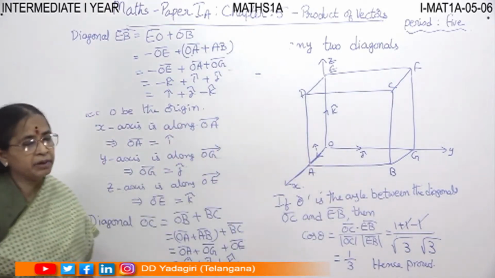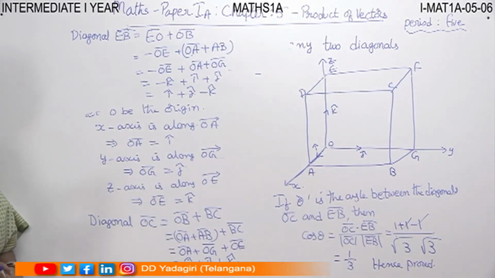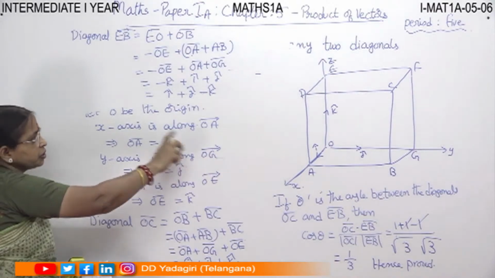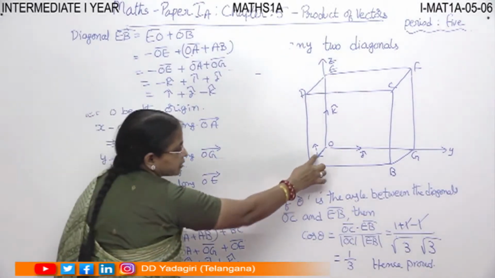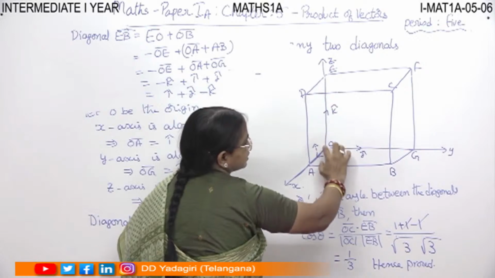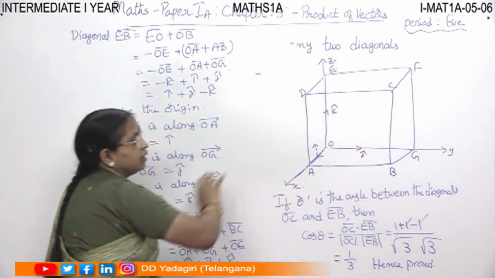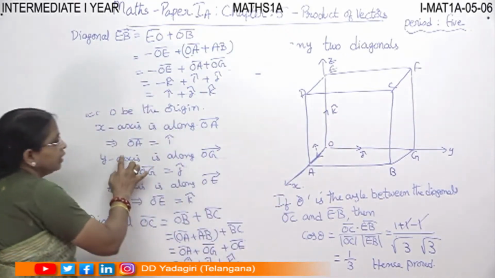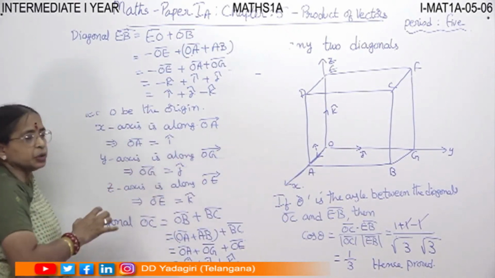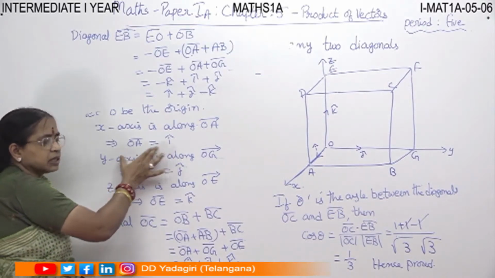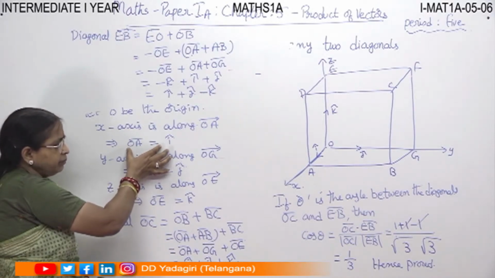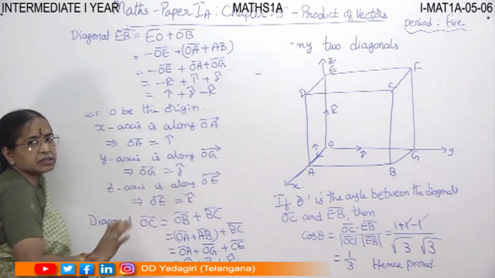We prove that the angle between the diagonals in a cube is given by cos theta is equal to 1 by 3. So first you take the unit cube and then choose the origin, choose the coordinate axes, x-axis, y-axis and z-axis along the sides, along the three corners like this. Because it is a unit cube, all sides are of length 1 unit. So each side will be either i or j or k according to the x, y, z axis.